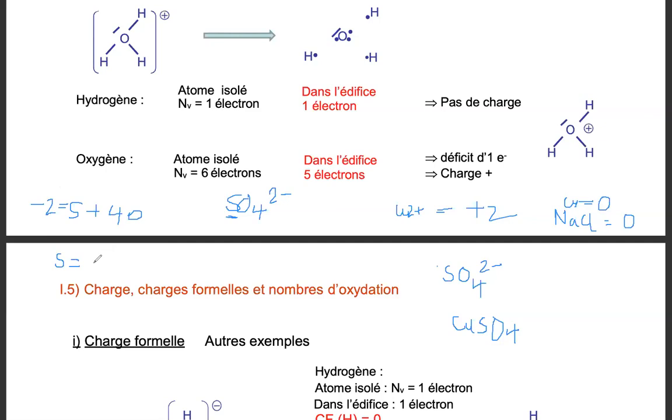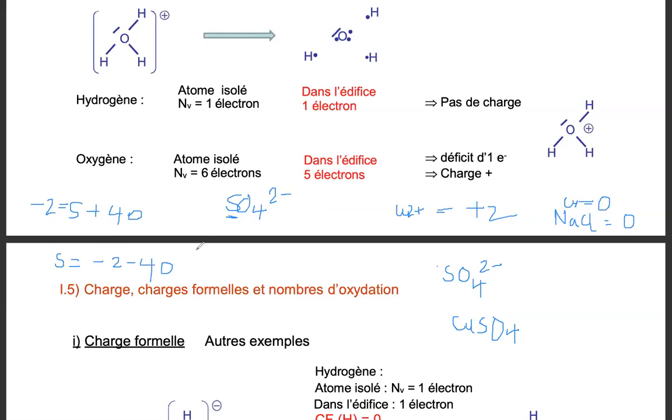It will be -2 minus 4 oxygen. For this question, we are going to take the oxidation state for oxygen to be -2, which is the same as the valency for oxygen.